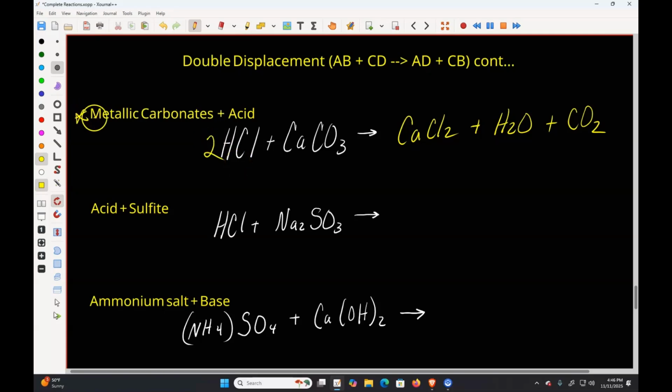These three are a little bit more difficult than the rest of them. An acid plus a sulfite will form a sulfurous acid, which will further break down into sulfur dioxide and water. So the salt is going to be sodium chloride plus sulfur dioxide plus water.